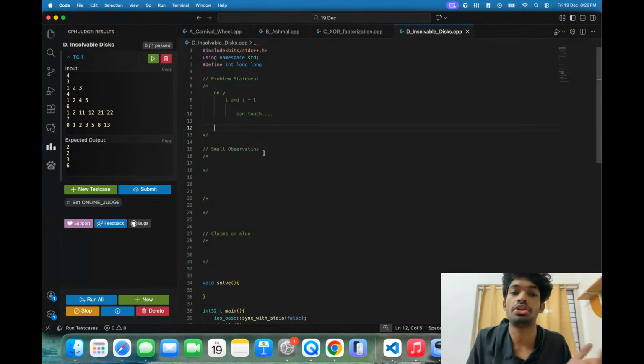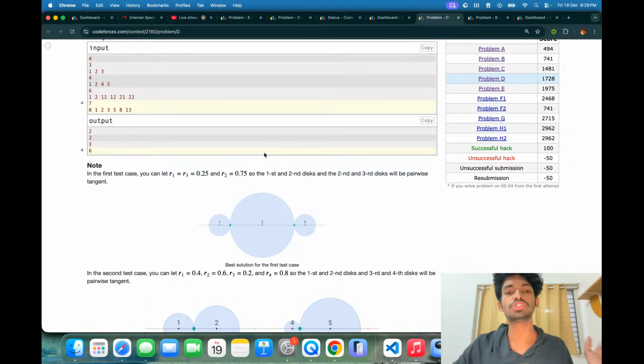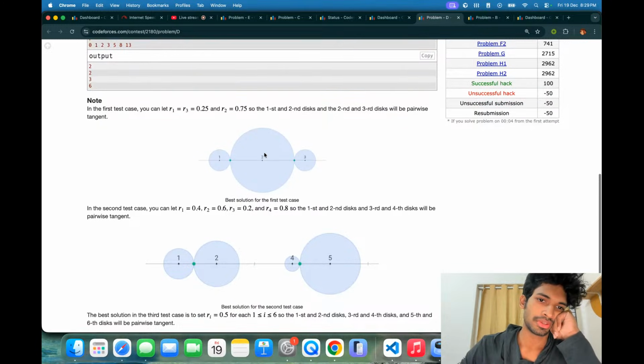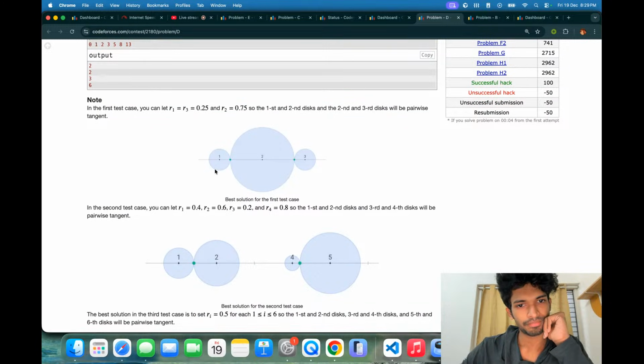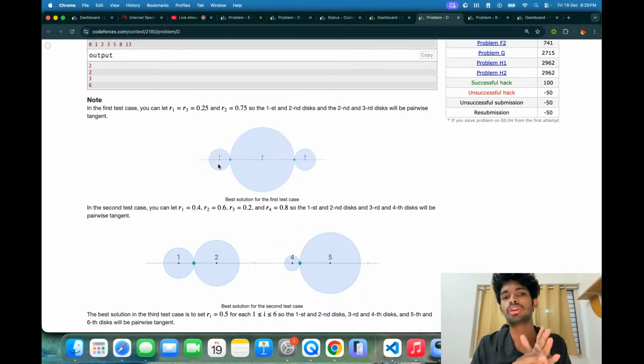So what's the general structure? What's the most general structure you have? One doesn't matter. First one doesn't matter. Whatever is happening, it will finally go and touch this one. Okay, so remove one.